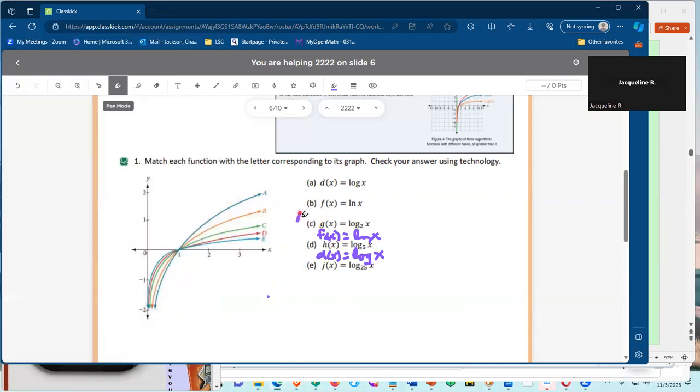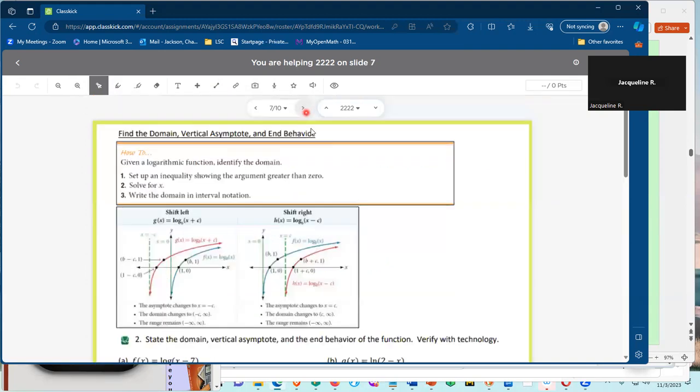So A, and then B, and then C, and then D, and then E. That problem needs some work. I love these activities, but that problem, I know the people that created this. They're from Santa Ana College, where I used to teach a long time ago. But that one needs some work.